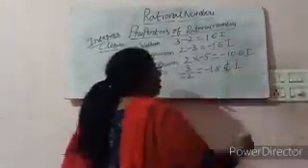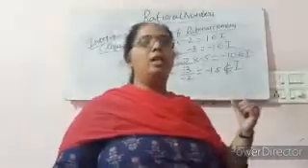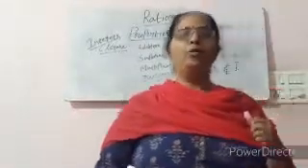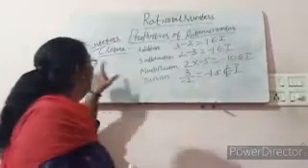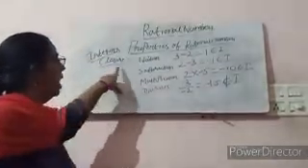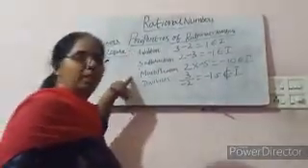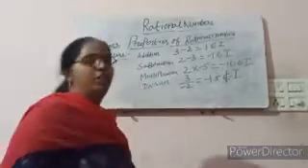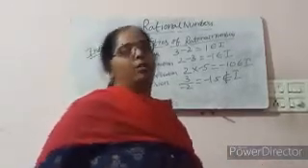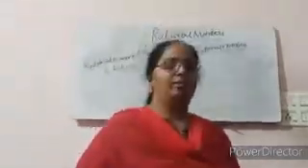So division won't satisfy closure property in integers. In integers, addition, subtraction and multiplication are satisfied, whereas division is not.